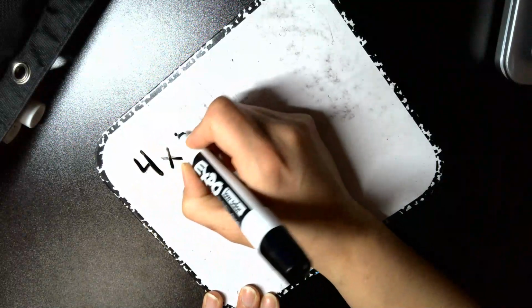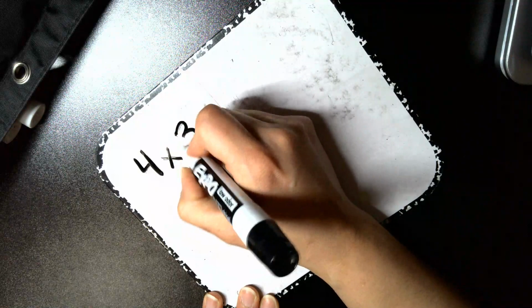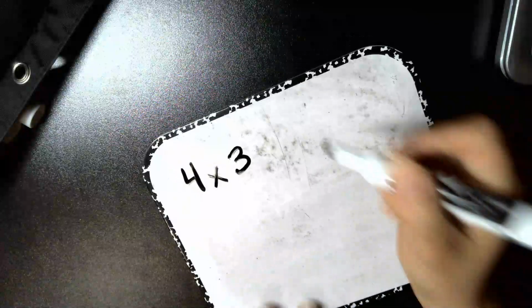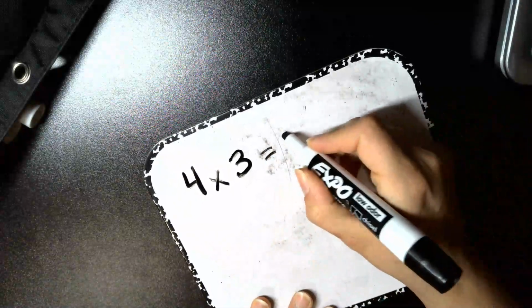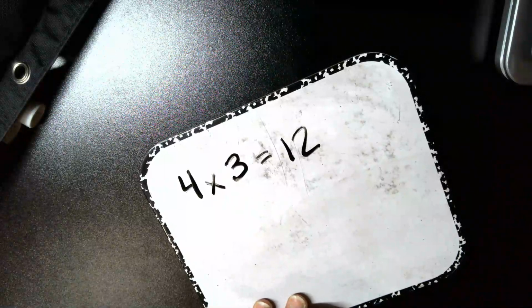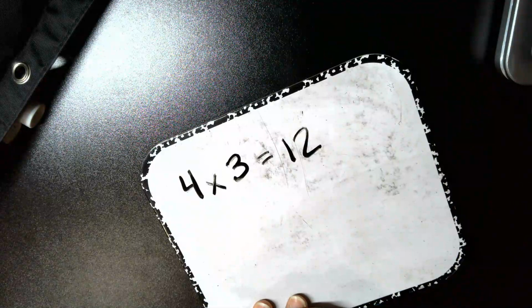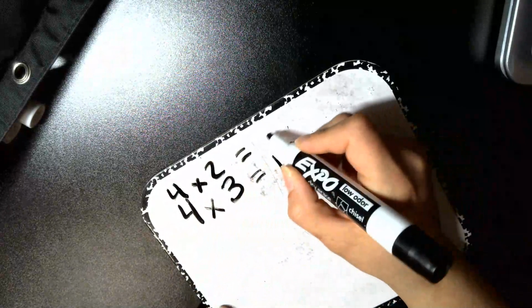Okay, the 4's. 4 times, which one should I do? 4 times 3, okay. 4 times 3 equals 12. The 4's are really similar to the 2's, except that they're skipping some. So if you look at the 4's, for example, 4 times 2 is 8.